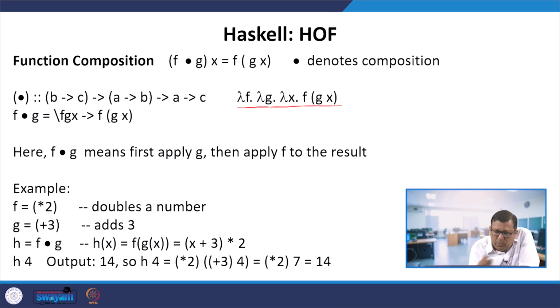So then the type will be: if x has type A, then g will be of type A arrow B. That means the return type of g is B, and f will be of type B arrow C. So the overall return type is C. So it will be (B arrow C) within braces, arrow (A arrow B) arrow A arrow C. This means this is a function type, this is a function type, and this is a variable type.